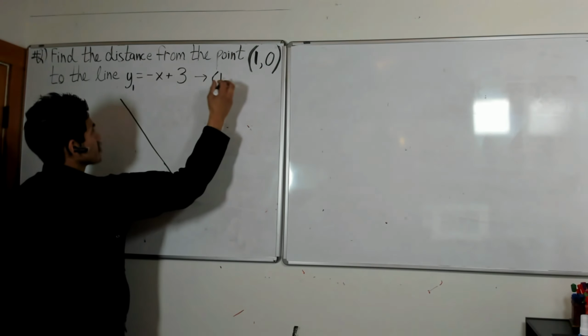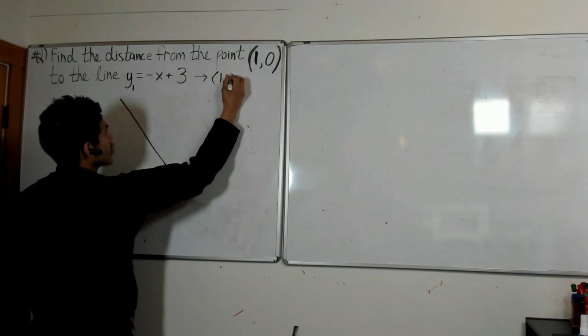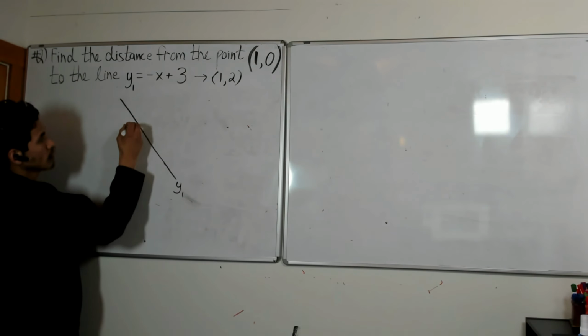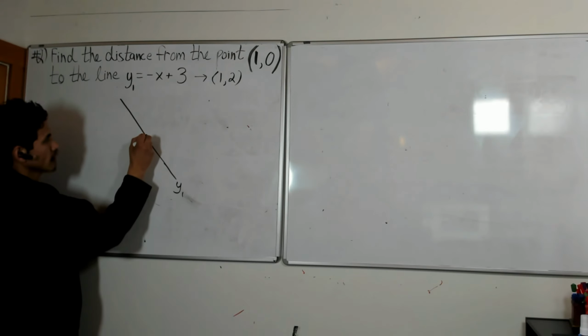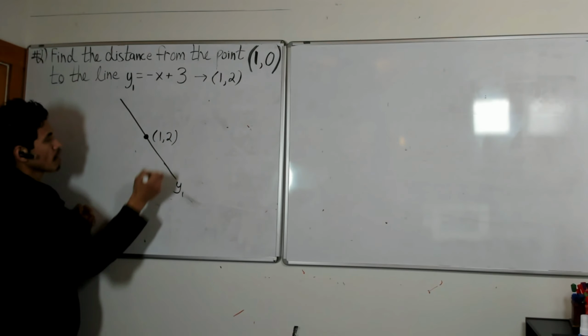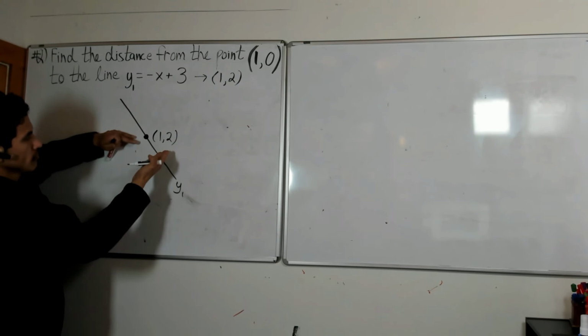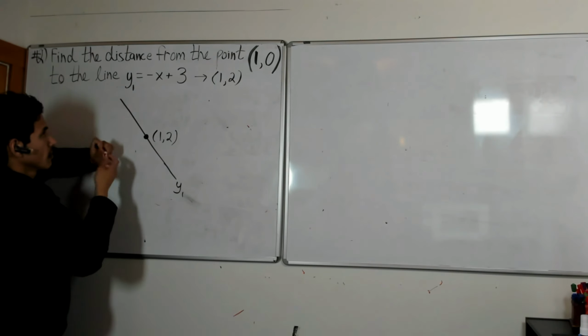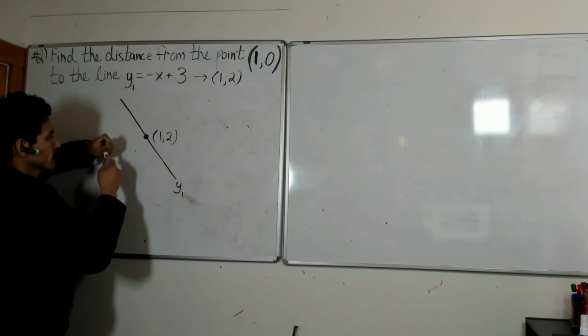That means this line goes through the point (1, 2). Let's just say it's right here. All this is for is so that we know this point is going to be below, because 0 is below 2.